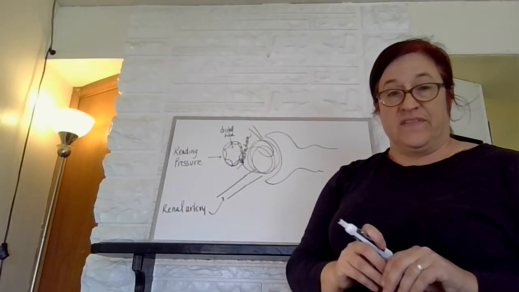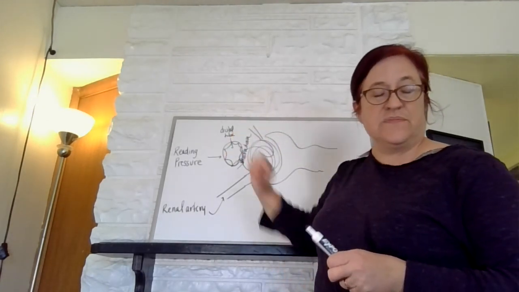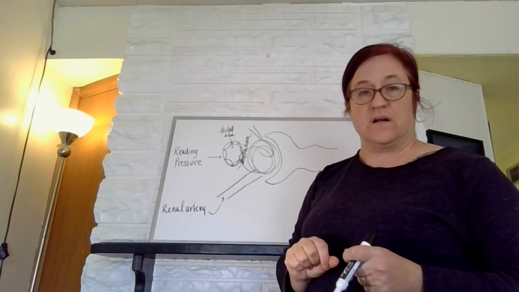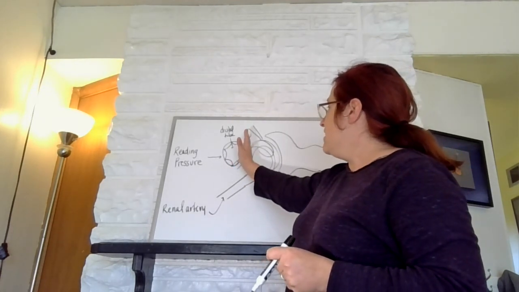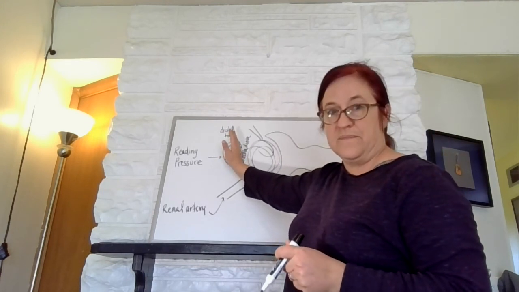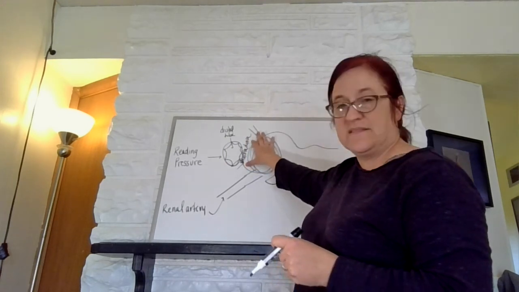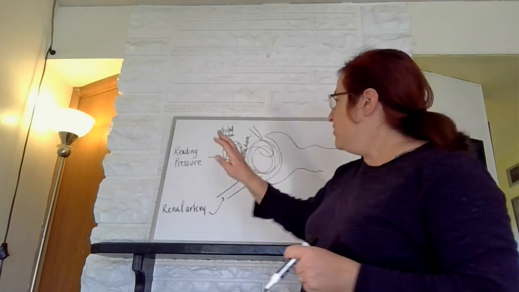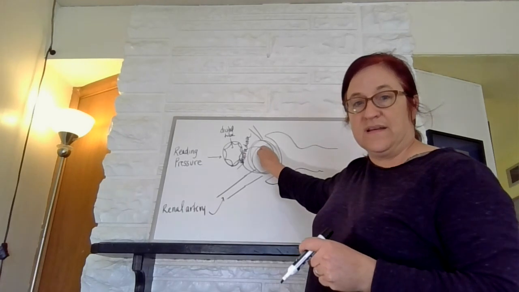The other part of this, where the glomerulus is located, is something called the juxtaglomerular apparatus, or juxtaglomerular complex, which is a group of cells next to the glomerulus and part of the distal tubule of the nephron. These specialized cells, the macula densa, are pressure readers that let us know the pressure of fluid inside the glomerulus.